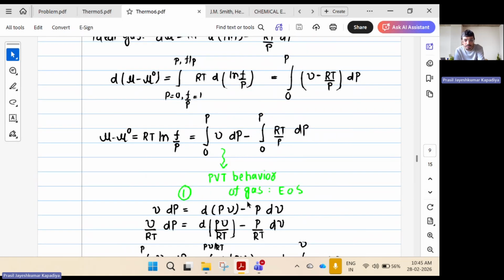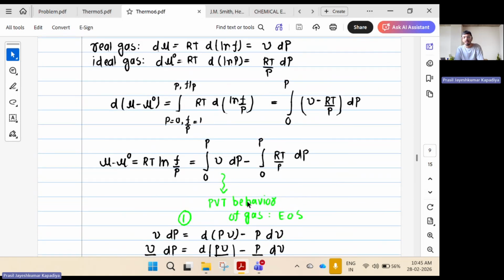Okay. And that we have already looked at using various equations of state like van der Waals equation of state, Redlich-Kwong equation of state, SRK equation of state, Peng-Robinson equation of state that we have already studied in our lecture where we discussed the PVT behavior of gases. Okay.